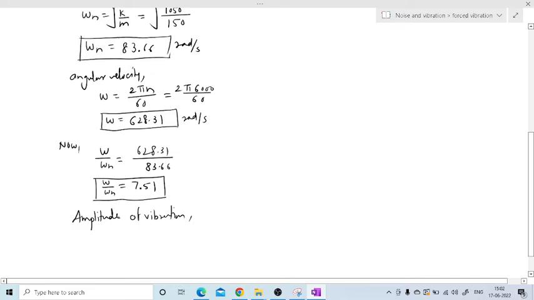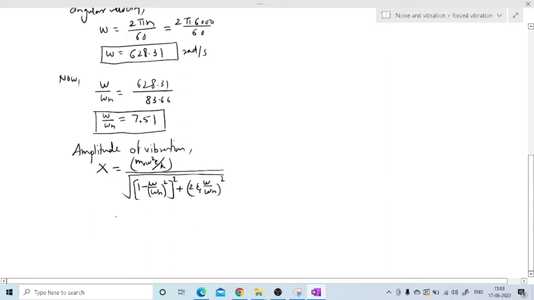Amplitude of vibration, x is equal to m naught omega square E divided by k, divided by root of [1 minus (omega by omega n) square] bracket square, plus [2 zeta omega by omega n] bracket square. So put all the values.